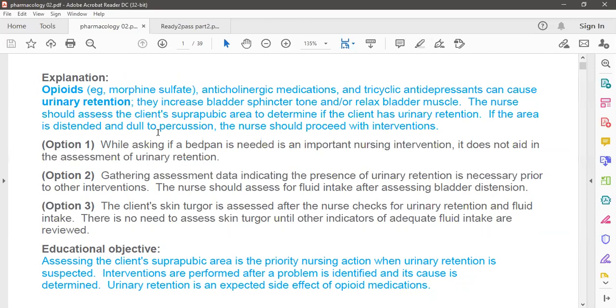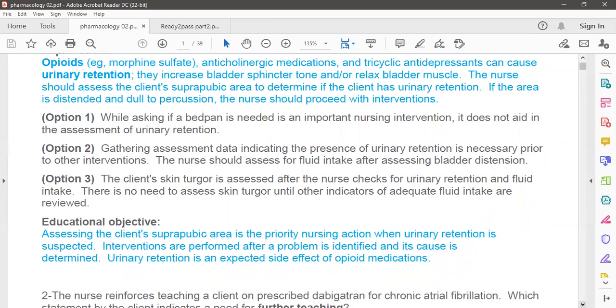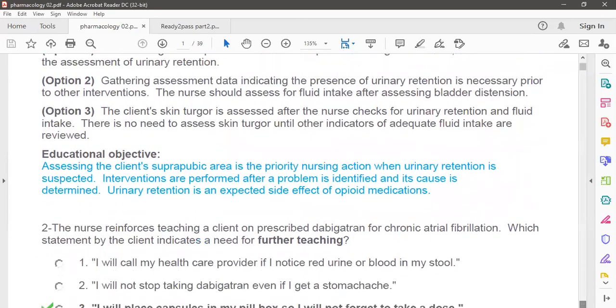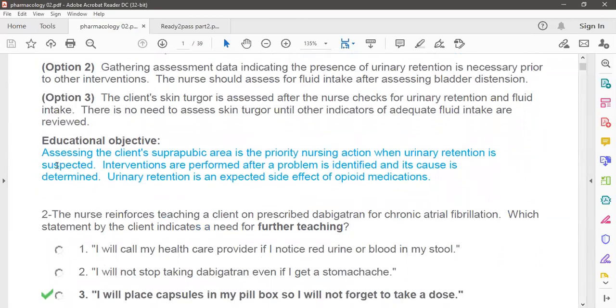First of all, assessment is important. Next, what is the educational point about this question? Assessing the client's suprapubic area is the priority nursing action when urinary retention is suspected.